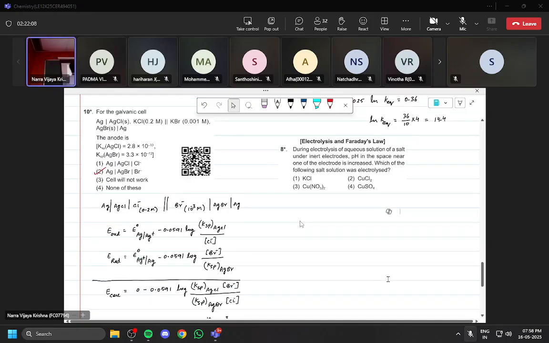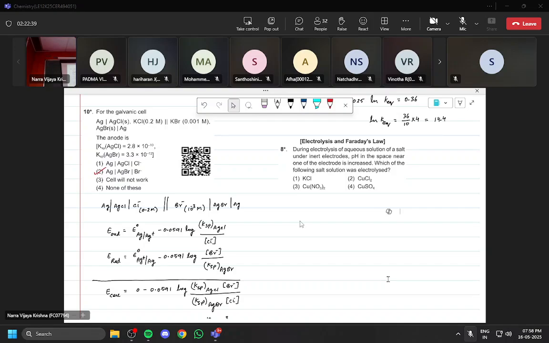During electrolysis of aqueous solution of a salt using inert electrode, pH in the space near one of the electrode is increased. Which of the following salt? Solved, I think. 9th also is solved. pH near one of the electrode is increased. pH is increasing means solution is becoming basic.